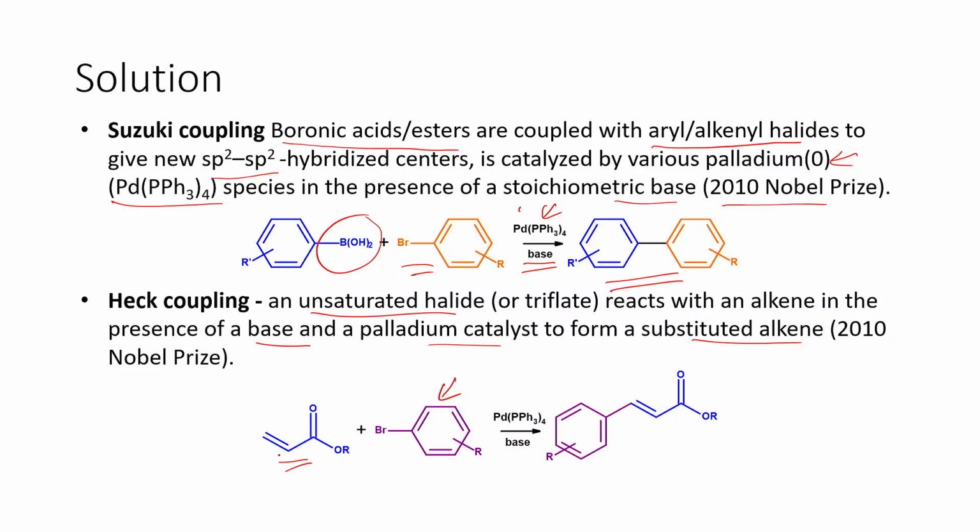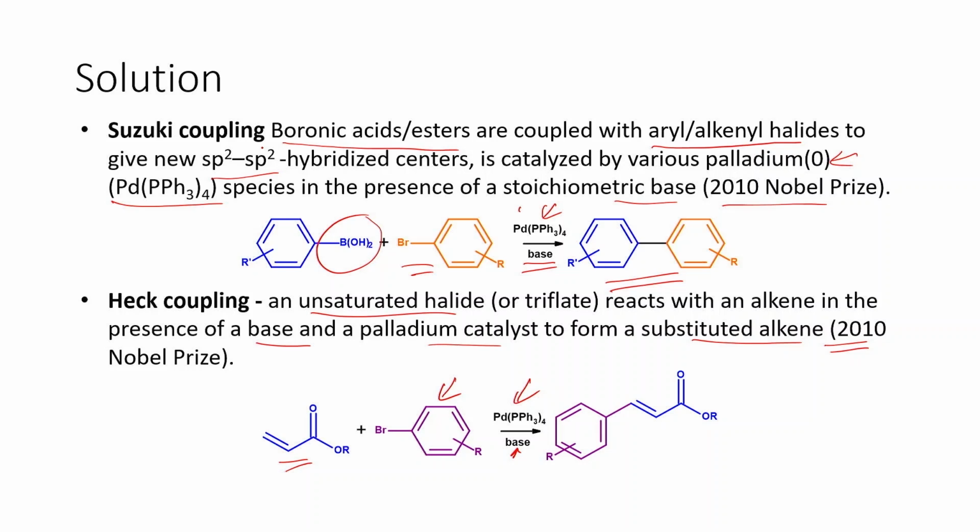Here we have the alpha beta unsaturated ester formed, and again the palladium 0 species is the catalyst involved. As I said, for the regeneration of palladium 0 in the whole catalytic cycle, we use one equivalent of a base. This reaction also received the Nobel Prize in 2010, because three organocatalytic reactions received the Nobel Prize, and we will see the third one in the next slide.